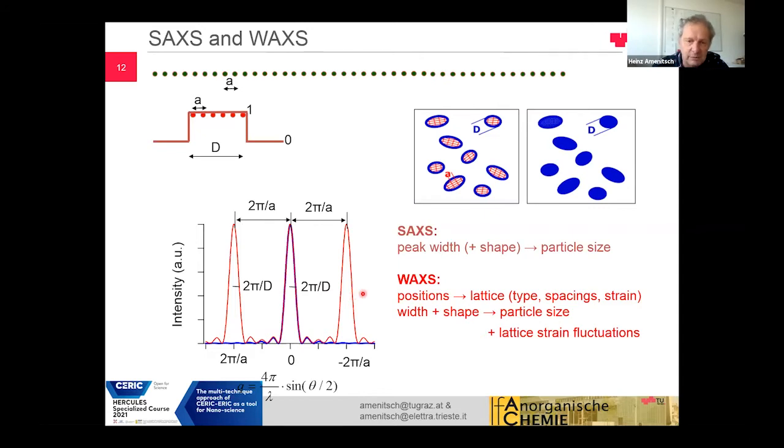So small angle X-ray scattering is nothing else than the extension of the Debye-Scherrer formula describing this broadening, and from the forward direction you get the shape and the particle size. From the wide angle scattering signals, you get the lattice. From the position, you get the lattice type, spacings and strain, and from the width and the shape, you get the particle size and also the lattice strain fluctuation. So this is how wide angle scattering and small angle scattering are linked together.